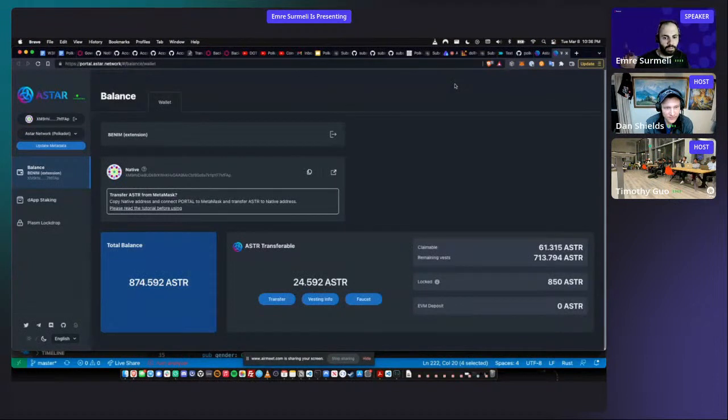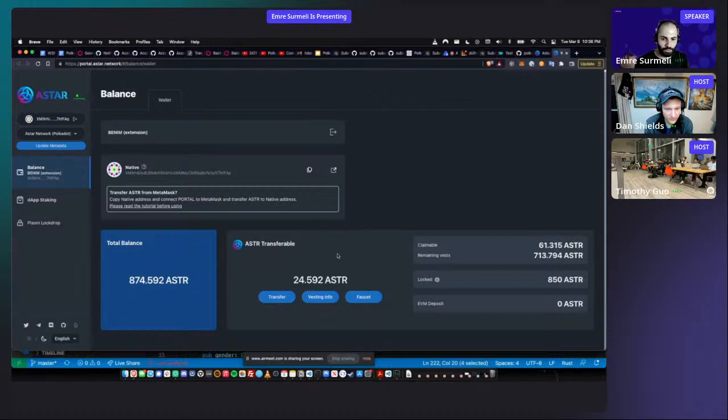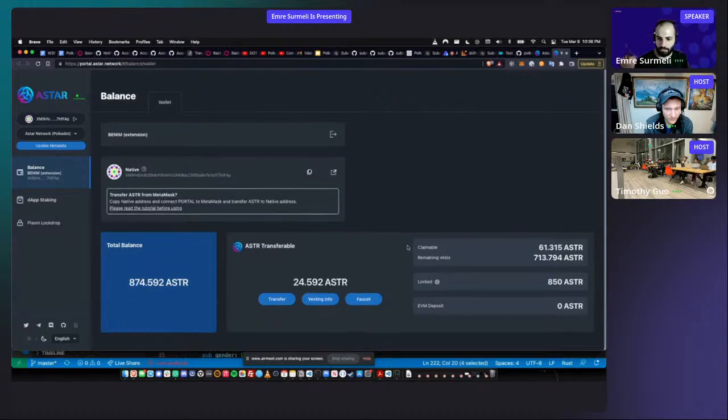Here is a UI that Astar has developed. So Astar has a lot of functionality as a parachain, and it connects to your wallet, and you can do, let's say, staking.